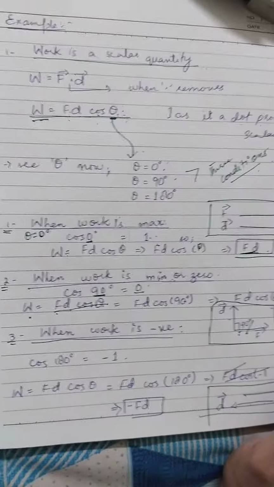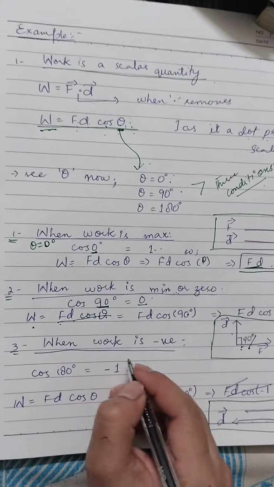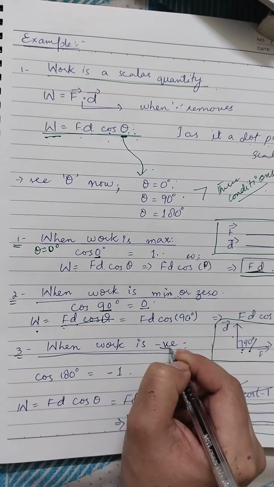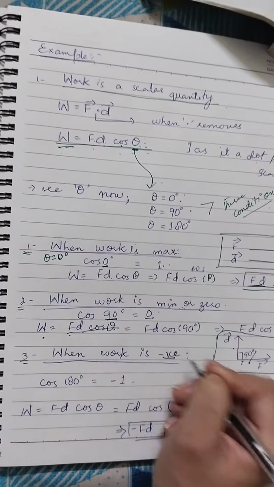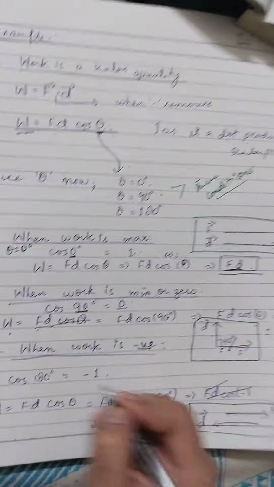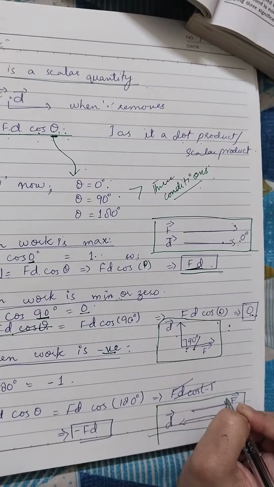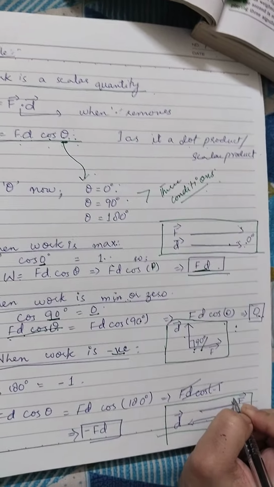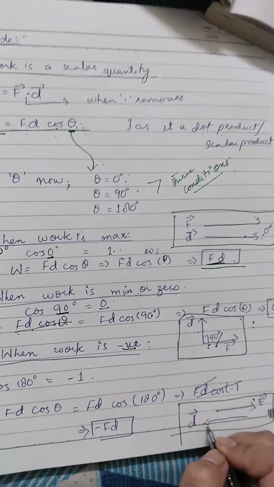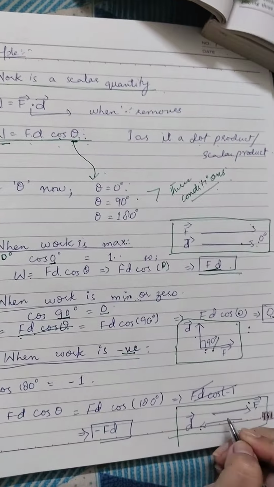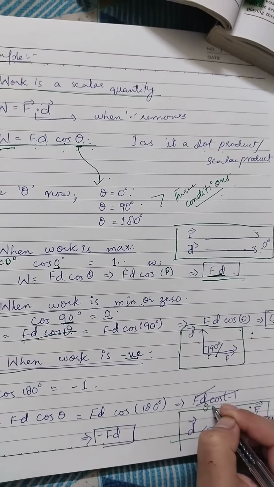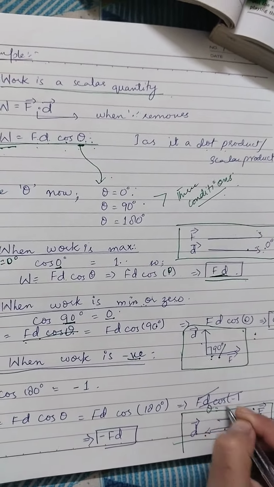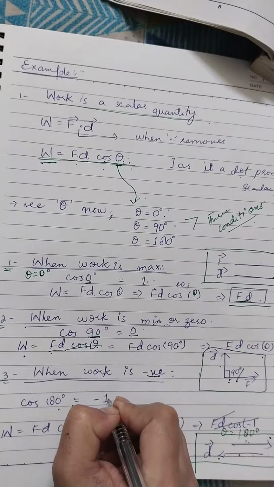Now the last and third condition is when the work done is negative. How could it be? Whenever your force and displacement vectors are in opposite directions, making theta 180 degrees, cos 180 degrees is equal to -1.